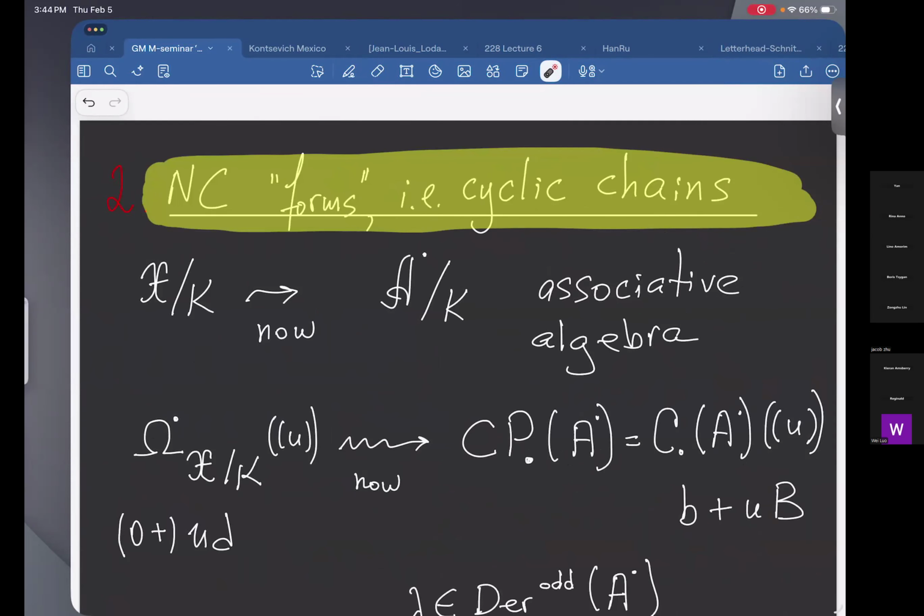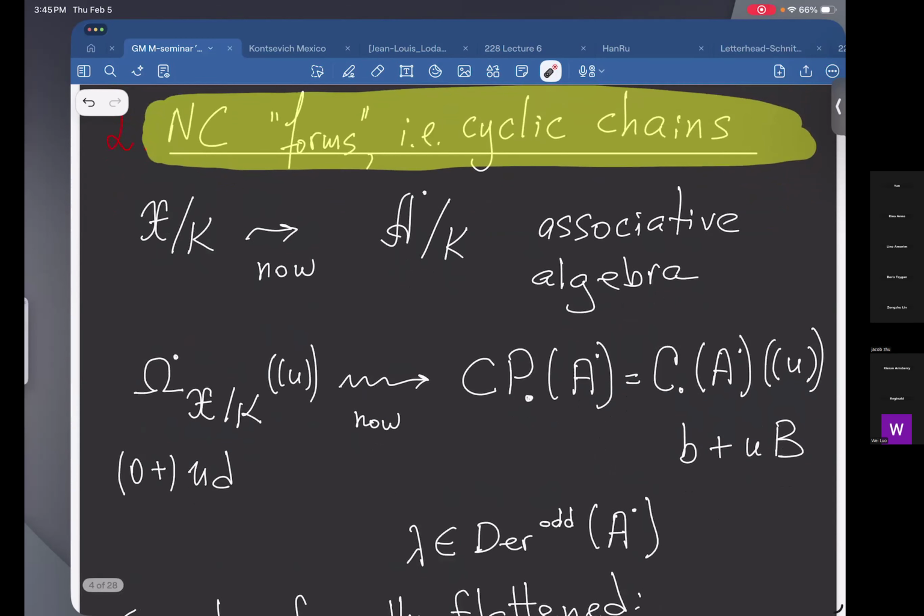Okay, now non-commutative forms. Instead of a super scheme, you have, let's say, a graded or Z2-graded commutative, associative algebra. But K is still commutative? K is still commutative, yes.